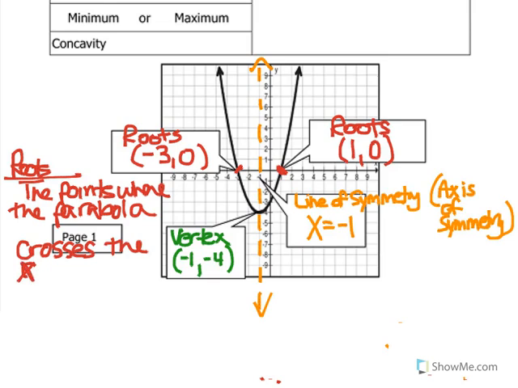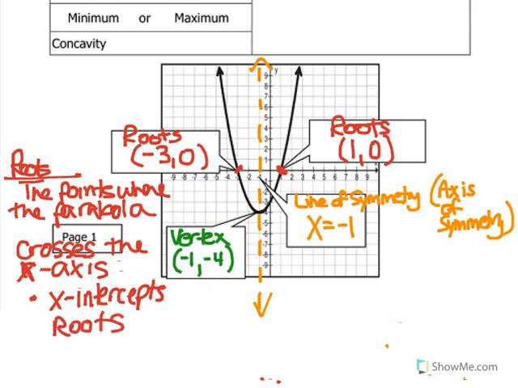Here's what I want you to remember: we have 4 different names for the roots. We call those the x-intercepts, the roots, which we just talked about, the zeros, and the solutions.